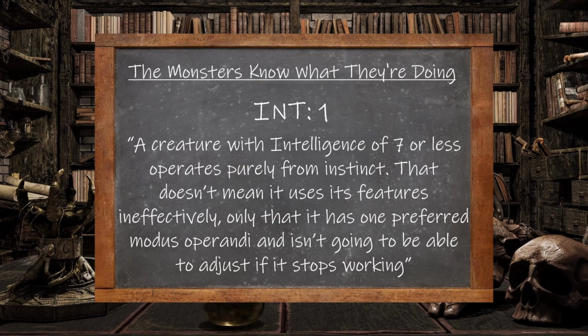That doesn't mean that it uses its features ineffectively, only that it has one preferred modus operandi and isn't going to be able to adjust if it stops working." Likely due to their bestial nature, Ankhegs operate off of instinct in combat. They'll use their tremor sense while burrowed to ambush potential prey, but beyond that, they're just going to attack blindly until they, or their prey, are subdued.